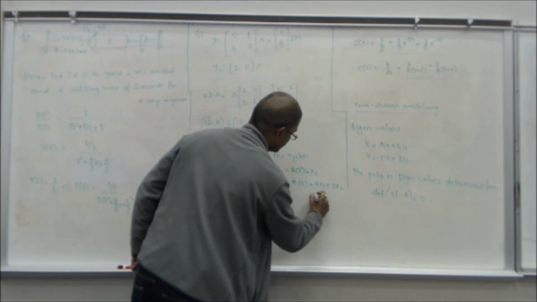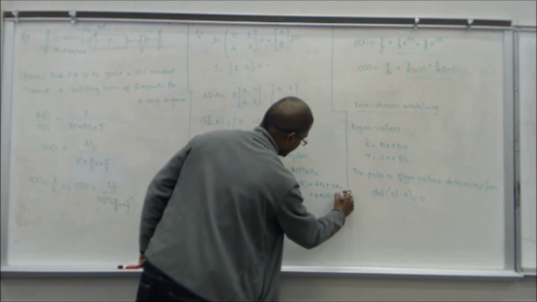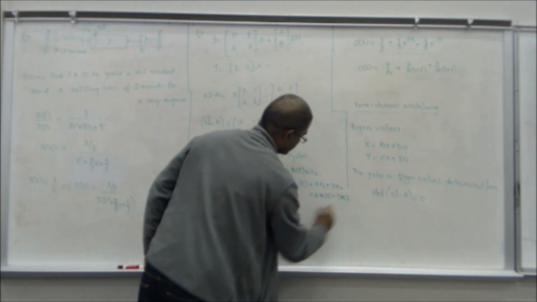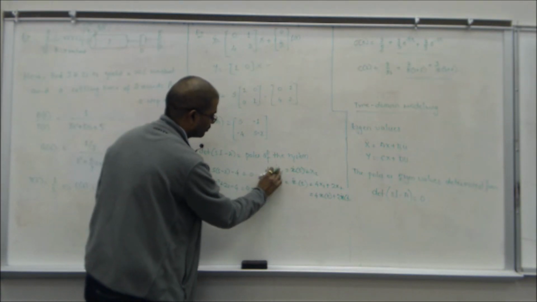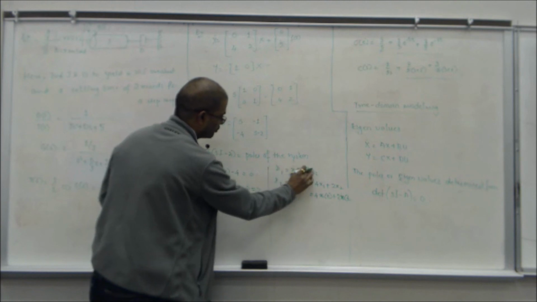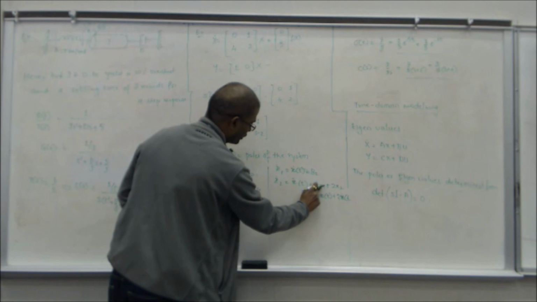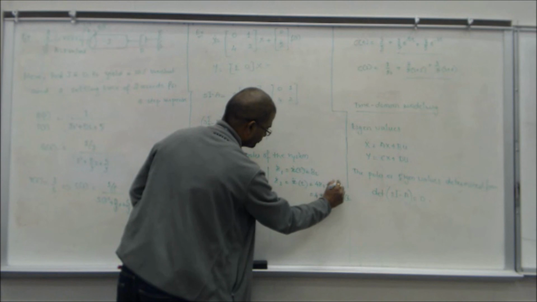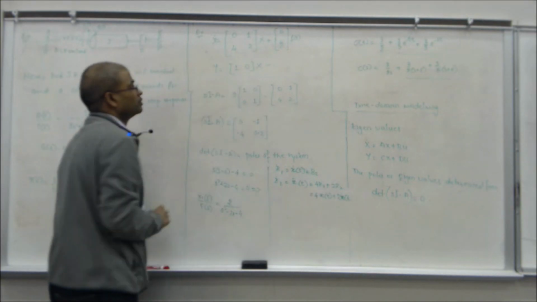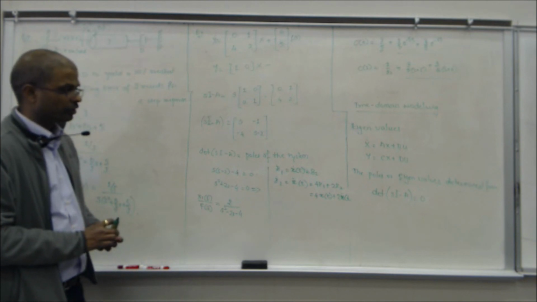This is equal to 4 x of t plus 2 x dot of t. Think about these as these. Now it makes sense. You should be able to distinguish between state variables and system variables.